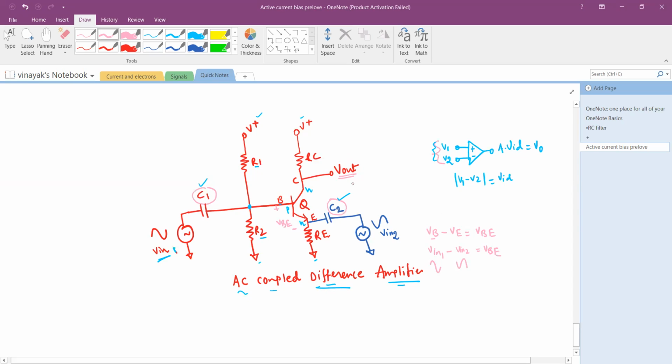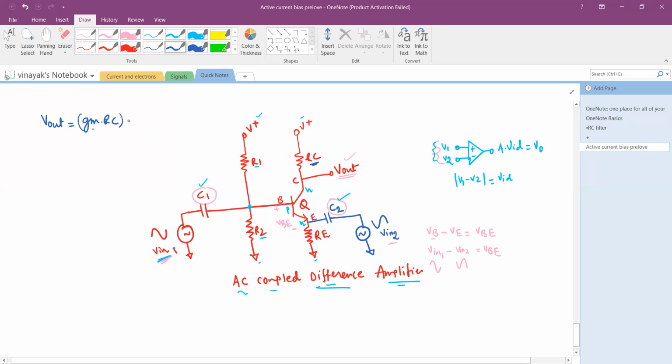The first thing we see is the output of the amplifier if V in 1 is applied only and V in 2 is AC grounded. The output due to V in 1 we can write as V out equals minus gm times RC times V in 1. Remember, gm is the transconductance and RC is the load resistance.